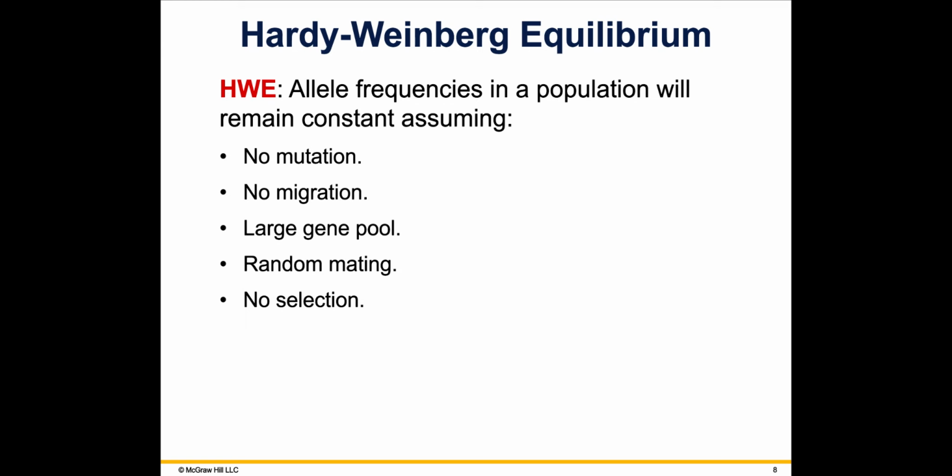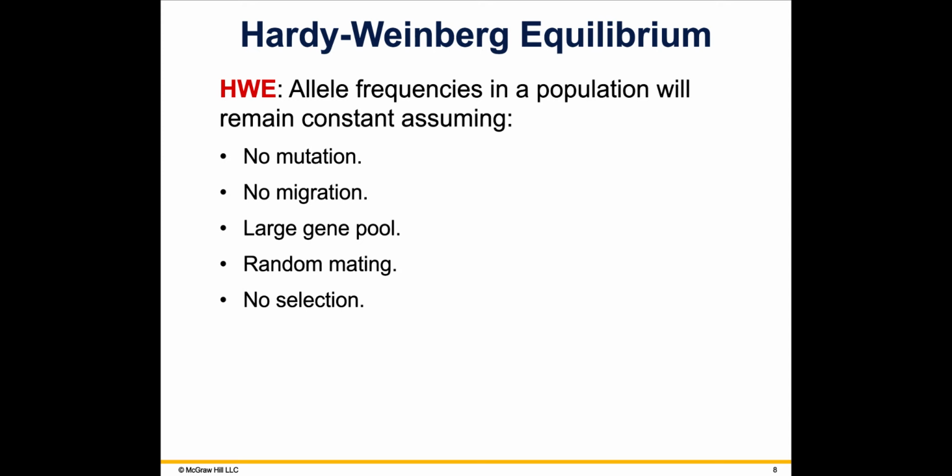Now, as you look at this list of no mutation, no migration, large gene pool, random mating, and no natural selection, you're probably thinking, this isn't happening in a real population in the wild. And for the most part, you are correct. This is a hypothetical situation that we are saying is true when we calculate Hardy-Weinberg equilibrium, so that when we come back and get a new calculation, we can say one of those things or more than one of those things is happening.